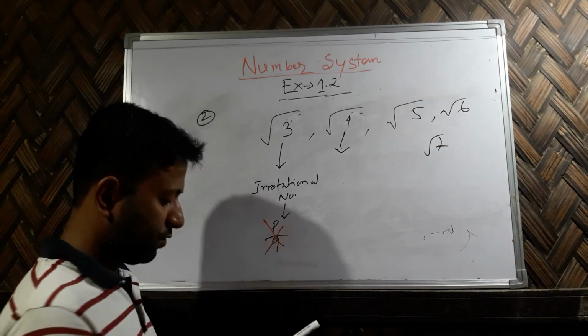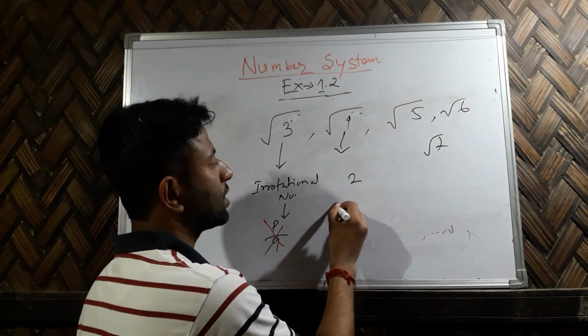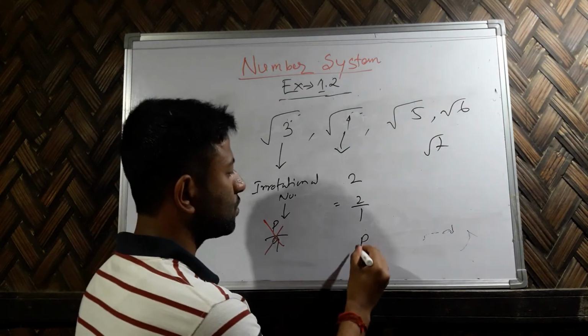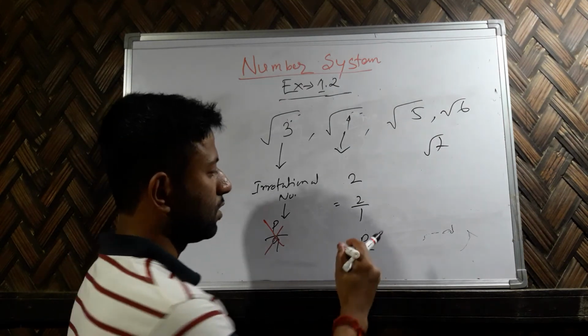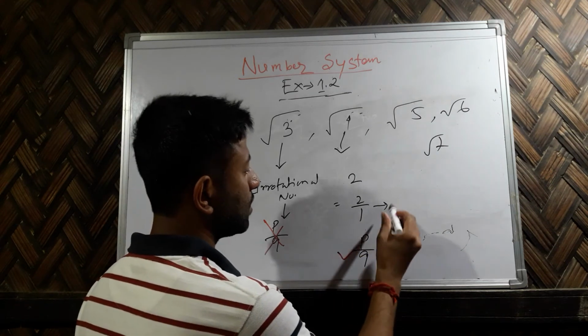But if we see, जैसे कि root 4, this is equal to 2. 2 I can write as 2 by 1. So these are in the form of p by q. That is possible. So this is a rational number.